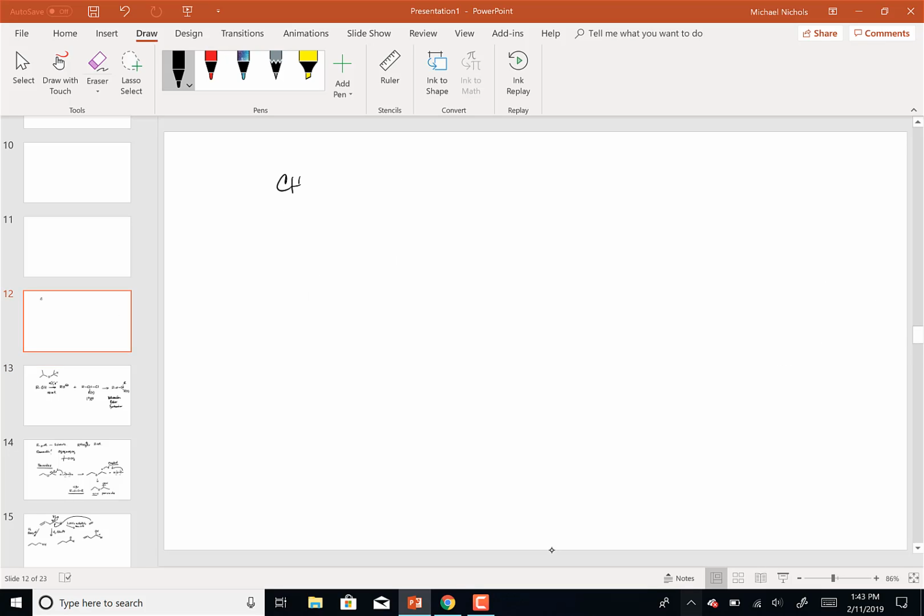Let's say that I reacted methanol and isopropyl alcohol together. And I'm going to react that with H+, and that H+ is probably going to come from H2SO4.